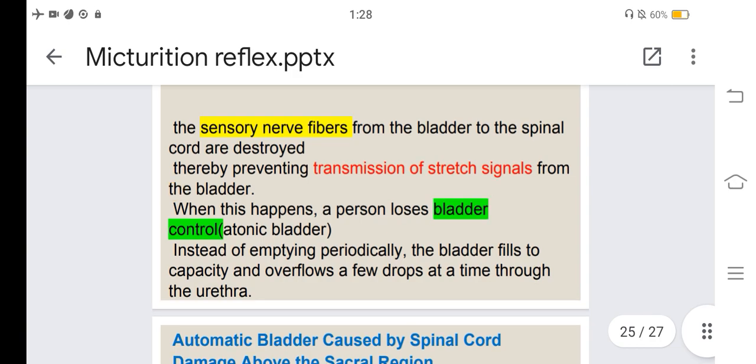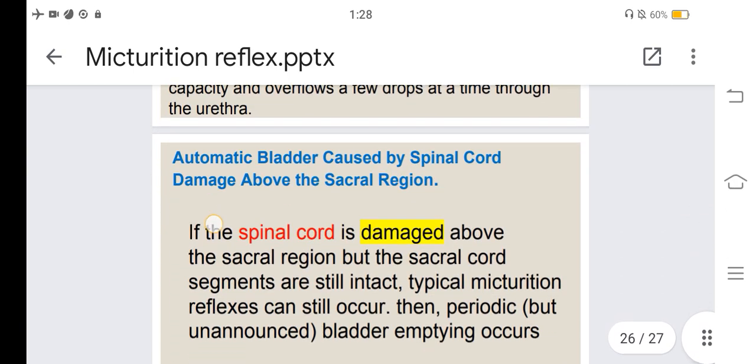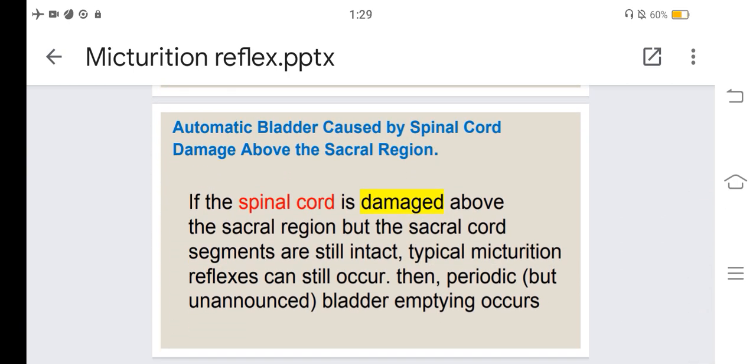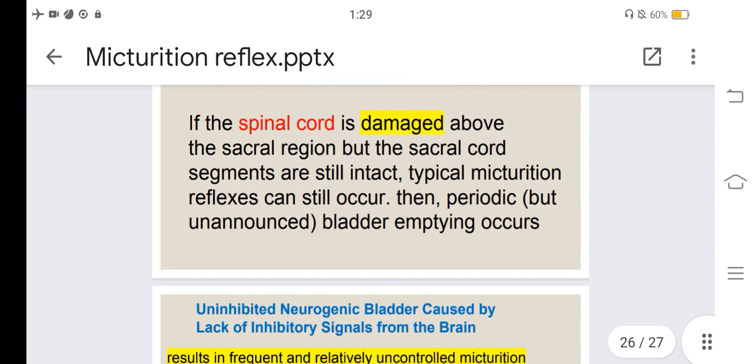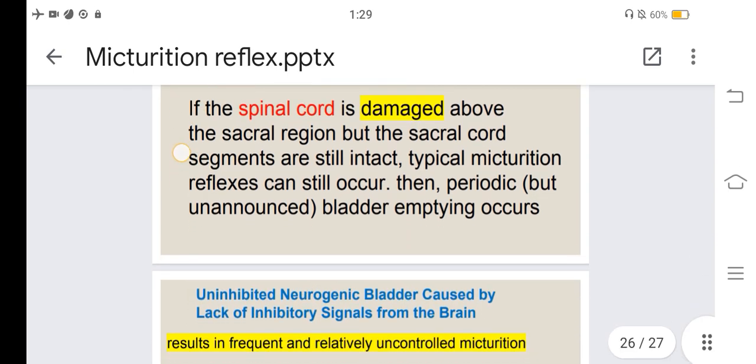Then instead of emptying periodically, the bladder fills to capacity and overflows a few drops at a time through the urethra. Then automatic bladder is caused by spinal cord damage above the sacral region. If the spinal cord is damaged above the sacral region but the sacral cord segments are still intact, a typical micturition reflex can still occur. Then periodic but unannounced bladder emptying occurs.